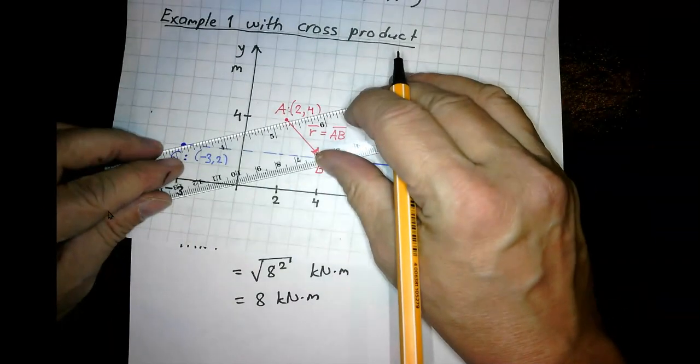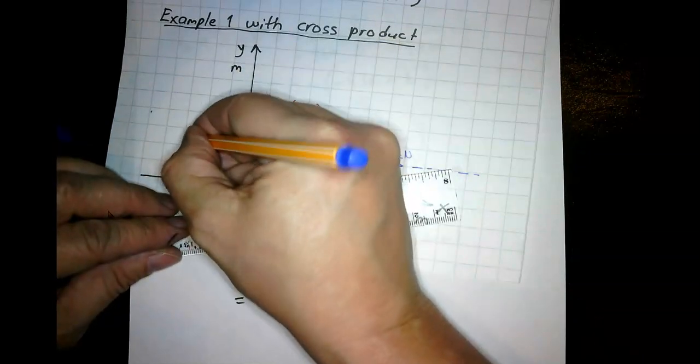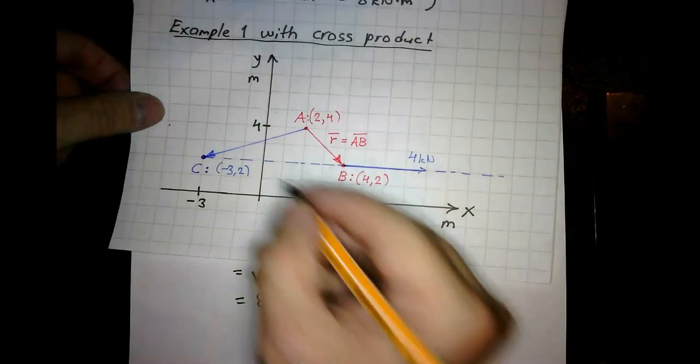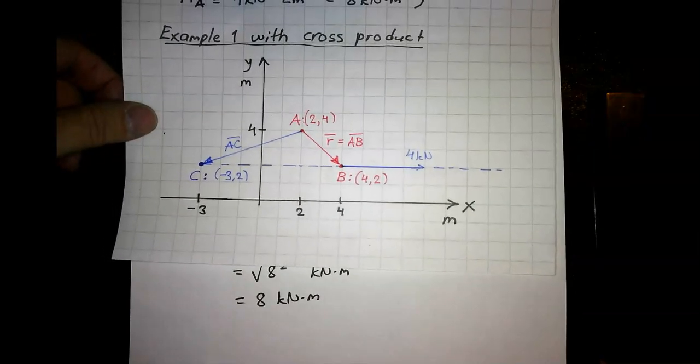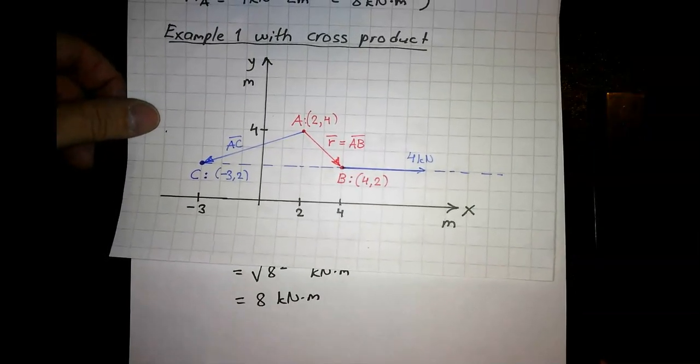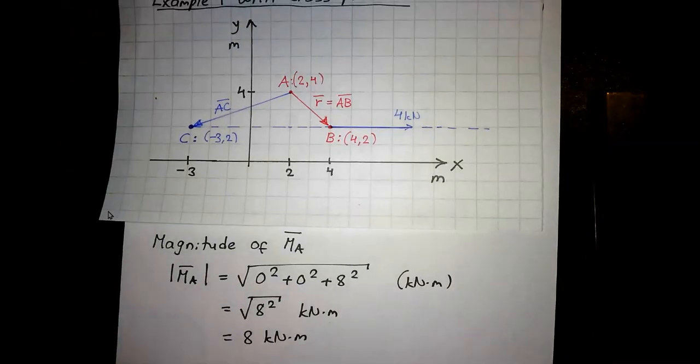So I will draw this vector here. And this is now AC. And let me take another paper.